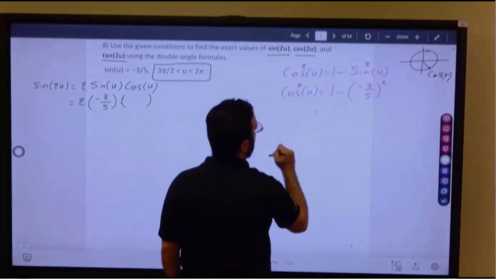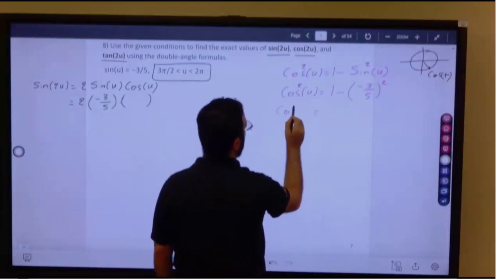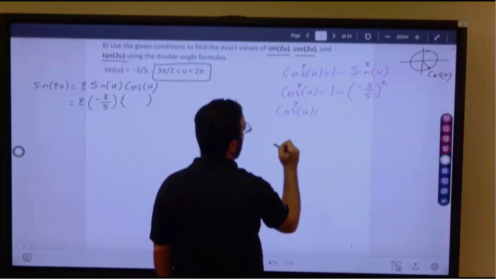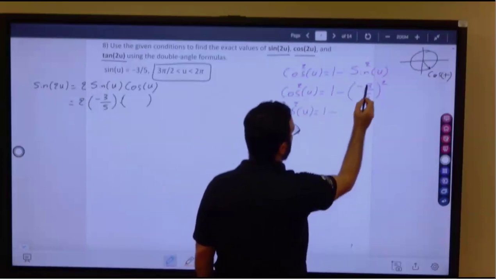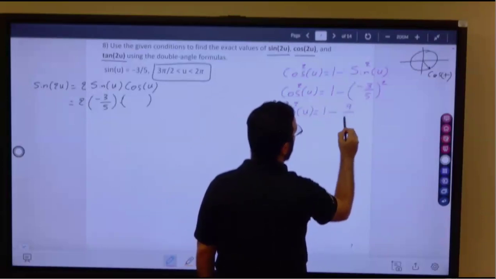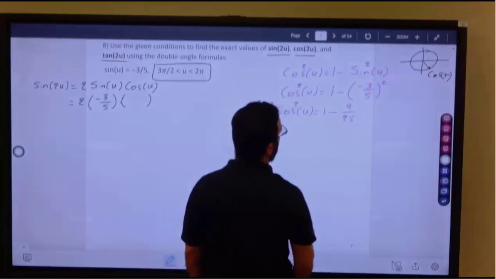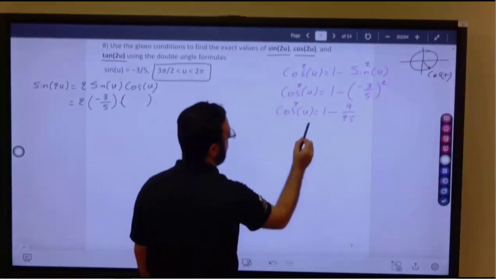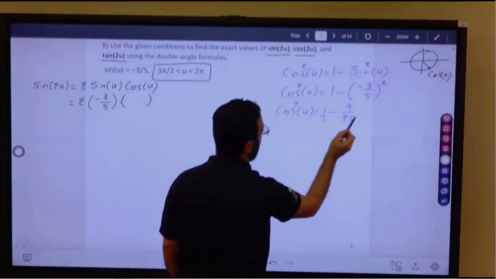That means cosine squared u equals 1 minus -3 squared, which is 9 over 25. Then in this case, you can say 1 over 1 and find the common denominator.